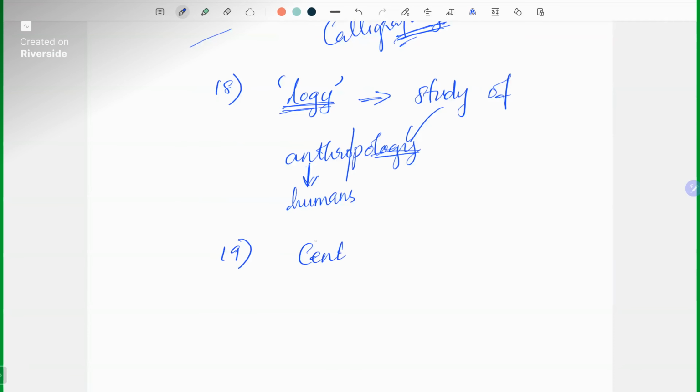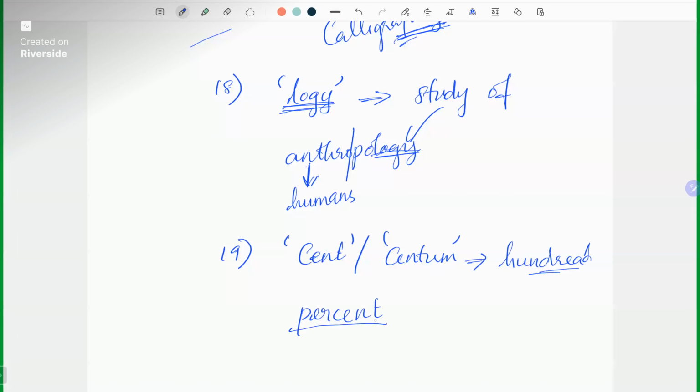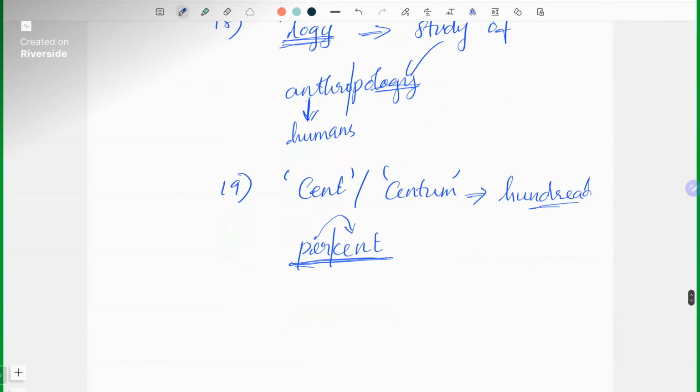Cent, the root word cent, or even centum. It is pretty easy, which means 100. Percent, for every 100. Percentages. Percent actually means per every 100. Even century.